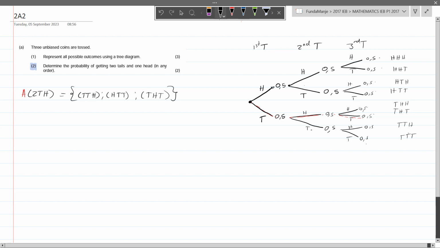So these are all the different combinations, and what's good about it is that they all have an equal likelihood of occurring. So we don't need to be too concerned about multiplying the probabilities, which is what we would have needed to do.